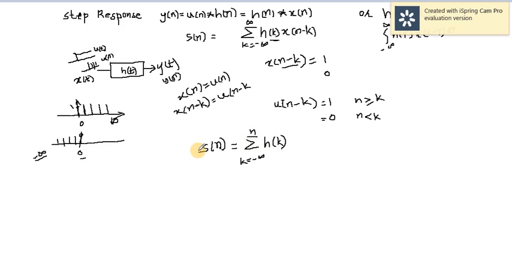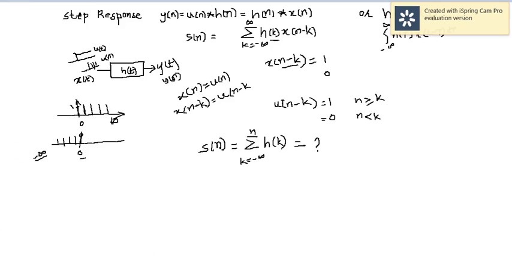So the step response of the system is given by s of n, the summation of k from minus infinity to n of h of k. Whatever answer we get is just the step response. It is the shortest method to find the convolution of the given h of n signal with the step signal, because the other signal, our input, is by default the step signal. If we want to convolve any signal with the unit step signal, we can use this equation.